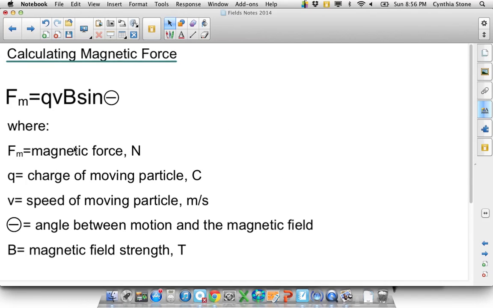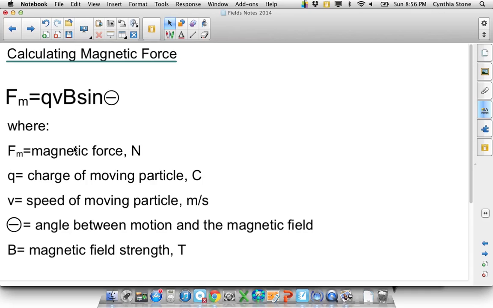Okay, here's the equation for magnetic force. Fm is the magnetic force. That's the symbol we give it, M, for magnetic force. Q is the charge. V is the speed, nothing new there. Theta is the angle between the motion and the magnetic field. We'll talk about that later. And B is something new. It's called magnetic field strength.